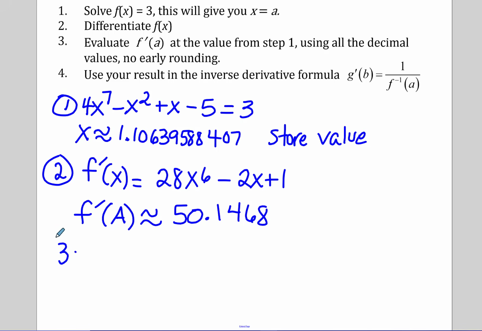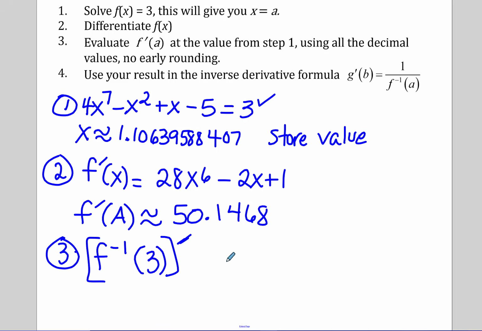So the derivative, or the f inverse of 3, because remember this was my y value on the f graph, so it's the x value on the derivative graph, is 1 divided by 50.1468.